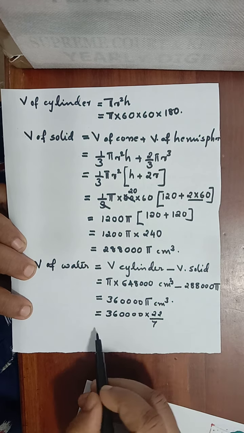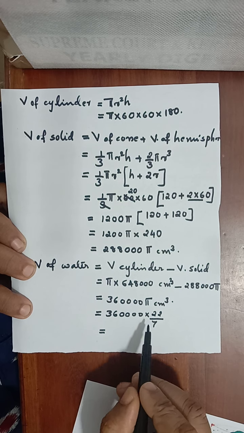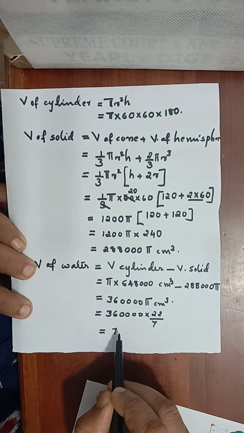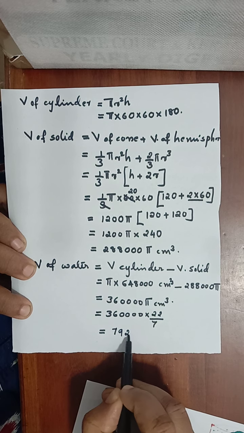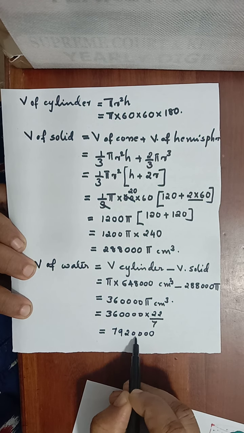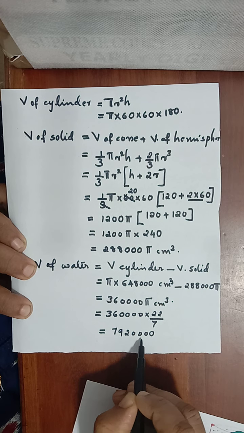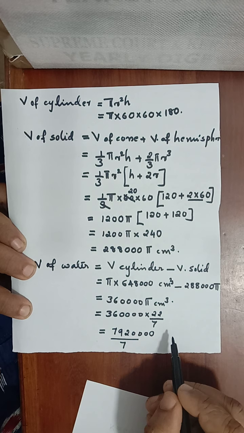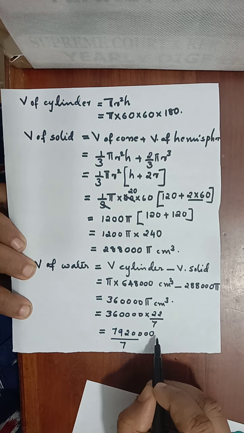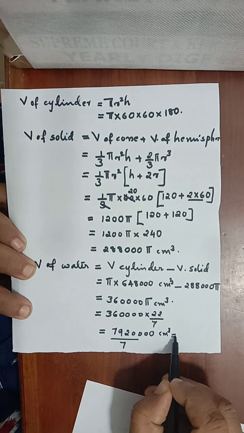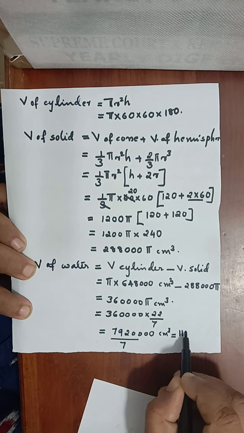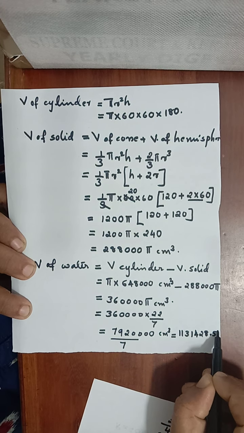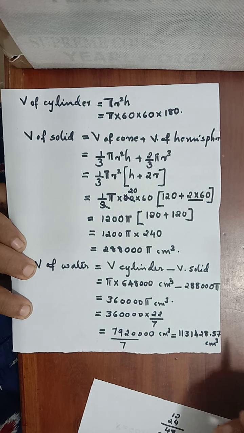When you multiply 3,60,000 into 22 we are getting 79,20,000 by 7. You have to divide it by 7. When you divide it by 7, you are getting this value as the answer. It comes in cm cube. I hope everybody knows division.